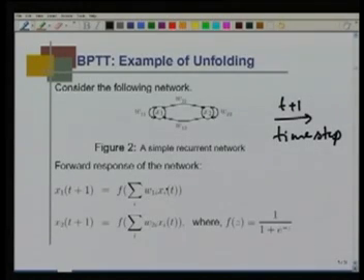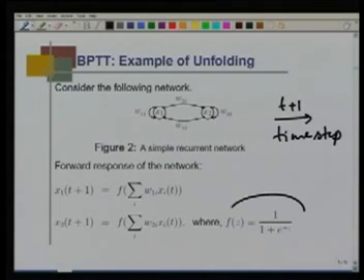You can easily see x1(t+1) here is a function of w11 into x1(t) and w12 into x2(t). So, normally we use a sigmoidal activation function, so f is the sigmoidal activation function.